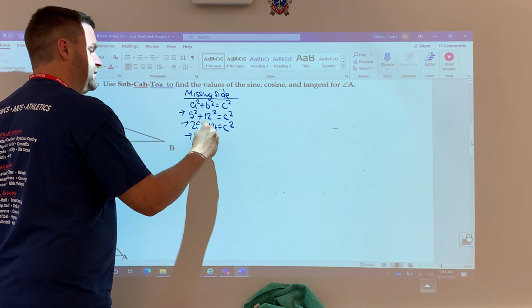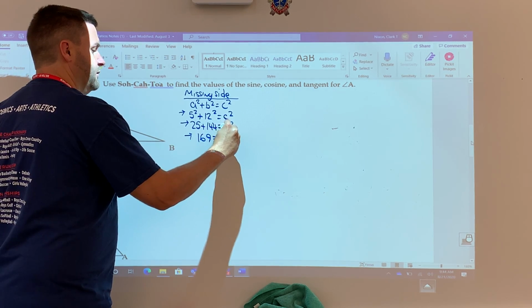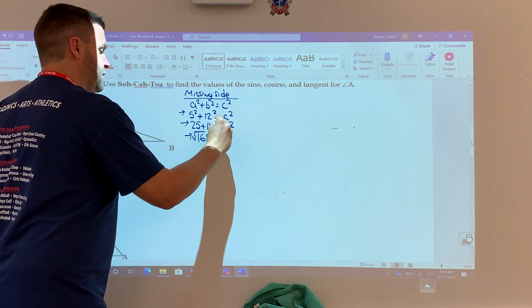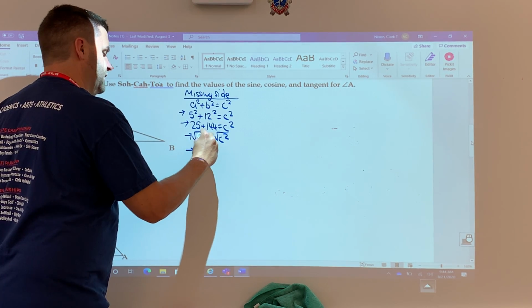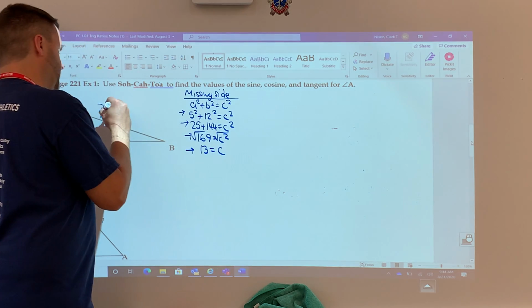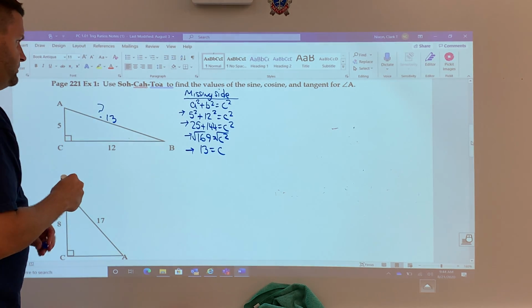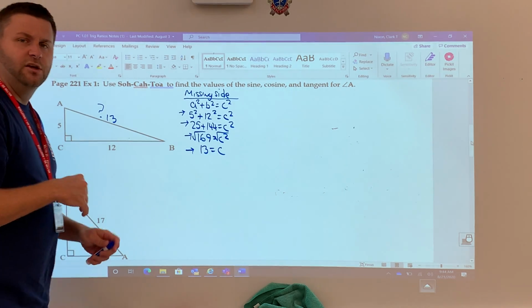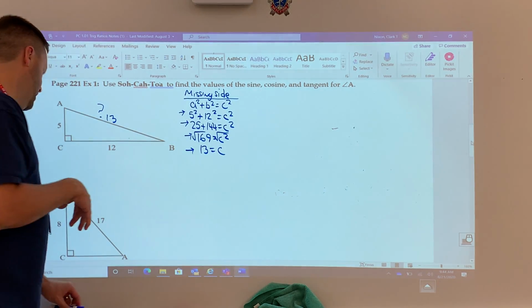That now gives me 169 equals c squared. And to now solve for c, I'm going to square root both sides, and that's going to give me 13 equals c. Okay, so we know 13 is our longest length, our hypotenuse.